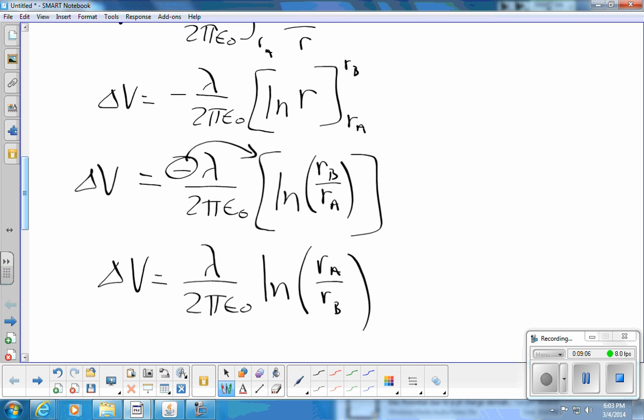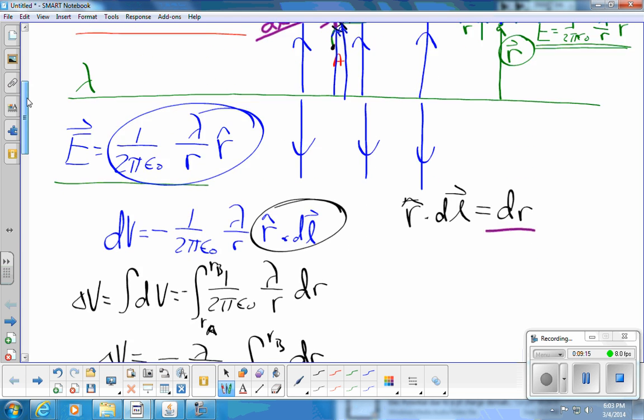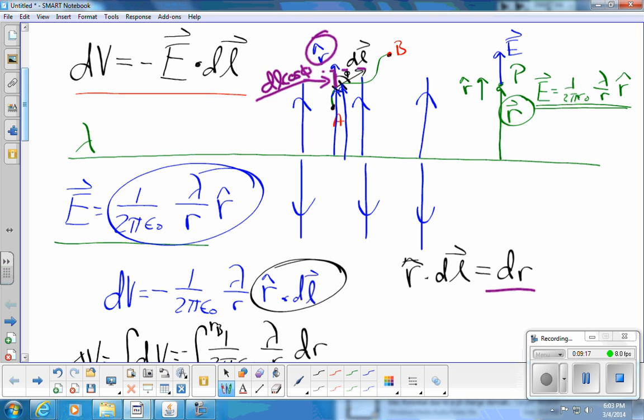Okay, by the way, does this make sense? It's always good to investigate for sign errors. Let's do a make-it-make-sense check. In this case, A is closer to the wire than B is. And so when I go from A to B, am I traveling to a point of higher or lower potential?